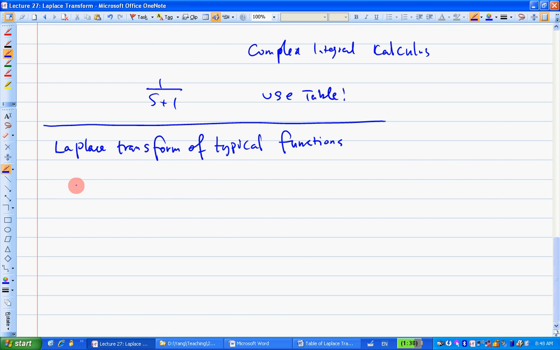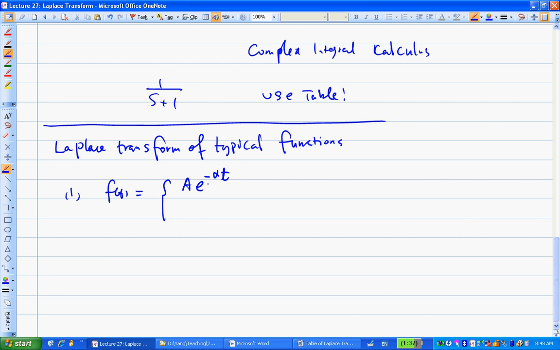First of all, let's take a look at the exponential function. Remember, we're talking about these causal functions. This is the way I typically write my causal function.